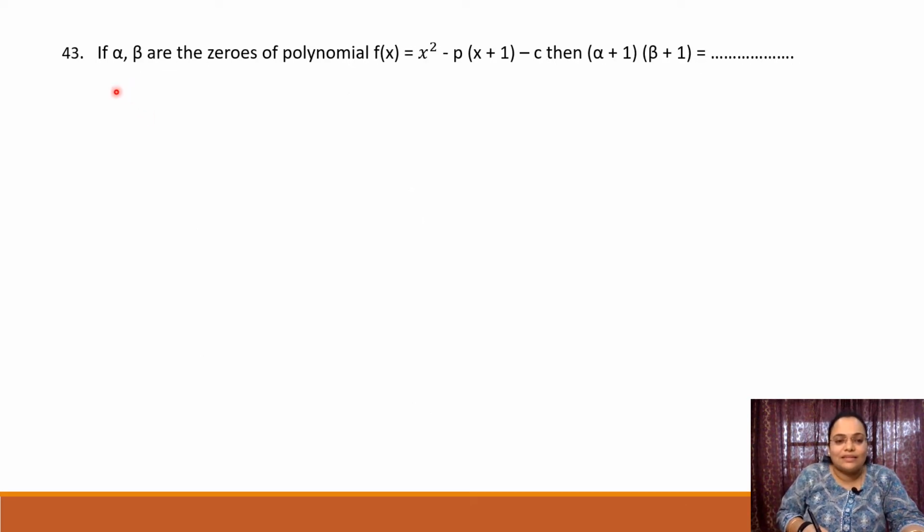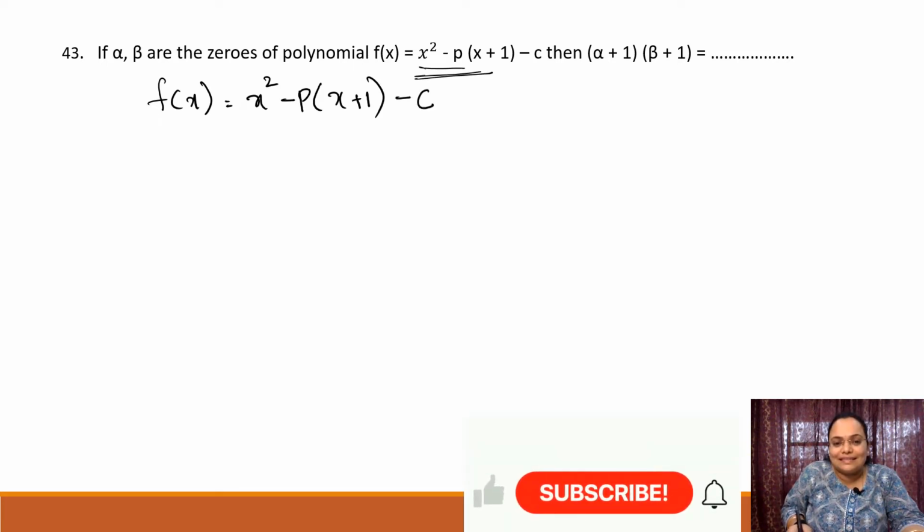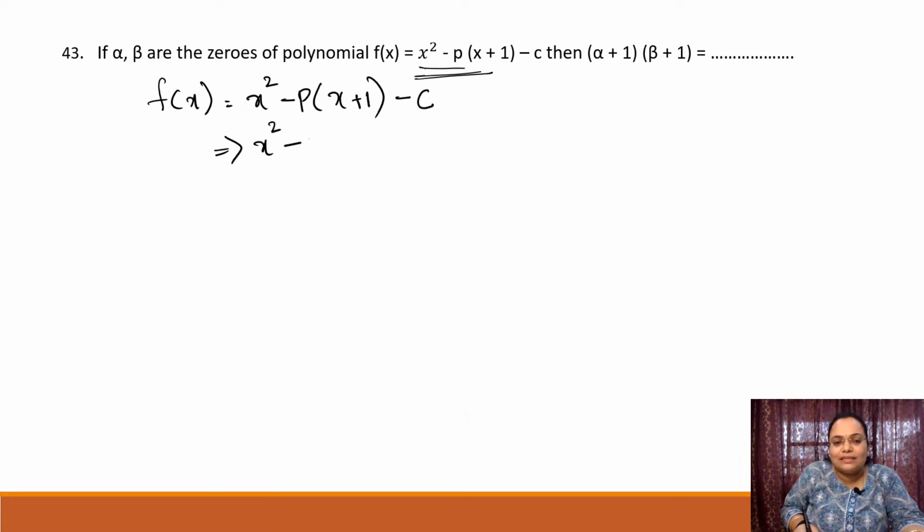So the next one is, if alpha beta are the roots of the polynomial, then we need to find alpha plus 1 and beta plus 1. So what is the given polynomial? F of x is equals to x square minus p of x plus 1 minus c. Okay. So from this, x square minus xp minus p minus c.